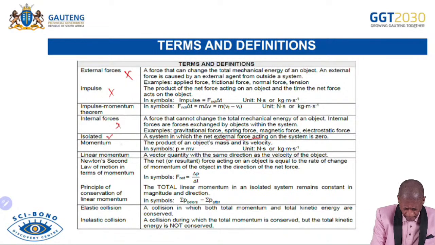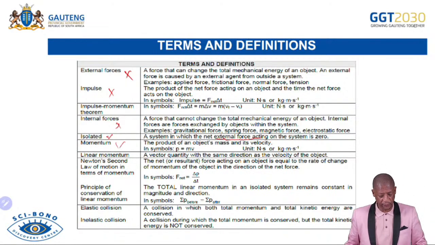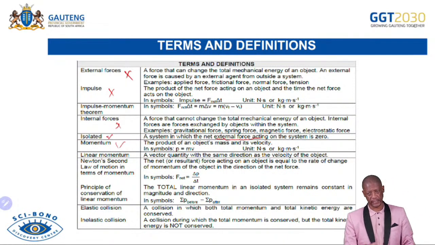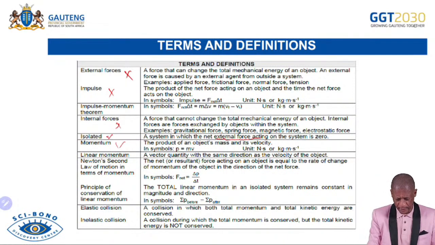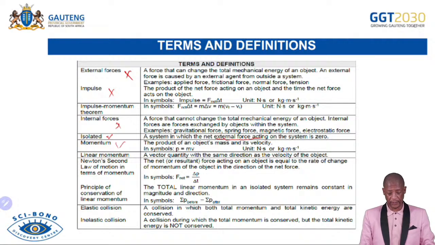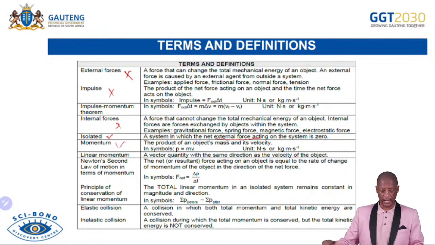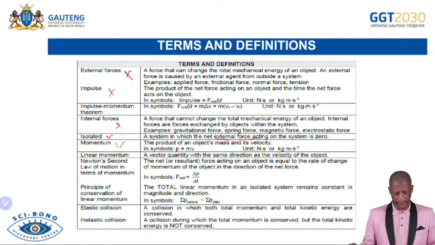Then we know the definition for momentum: a product of mass and velocity. And then the linear momentum. Linear means straight, all right? Linear momentum is a vector quantity with the same direction as the velocity of an object. However, if we're talking about linear, we're talking about motion in a straight line.